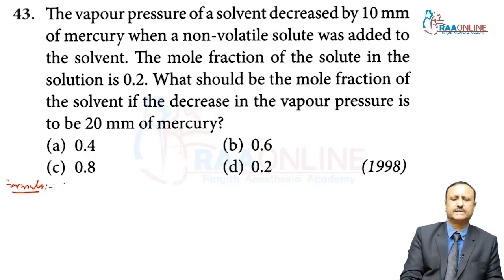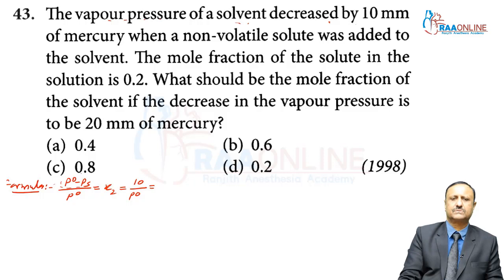Here we can see P0 minus Ps upon P0 is equal to the mole fraction X2, and here P0 minus Ps is equal to 10. The vapor pressure of solvent decreased by 10 means P0 minus Ps is equal to 10, so 10 upon P0 is equal to X2.